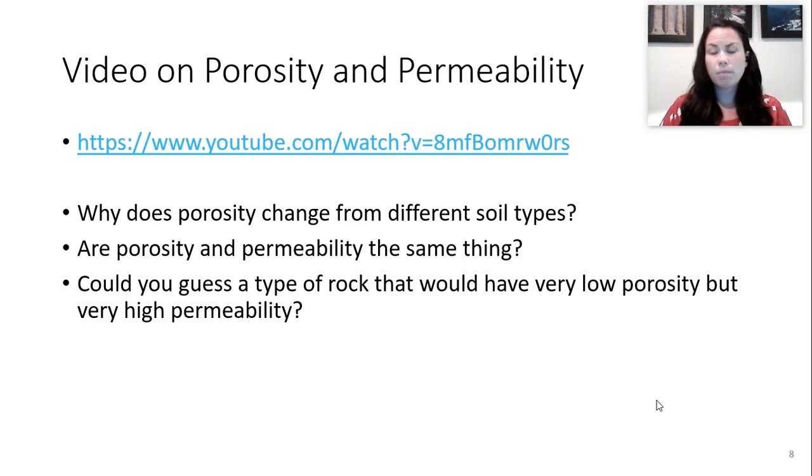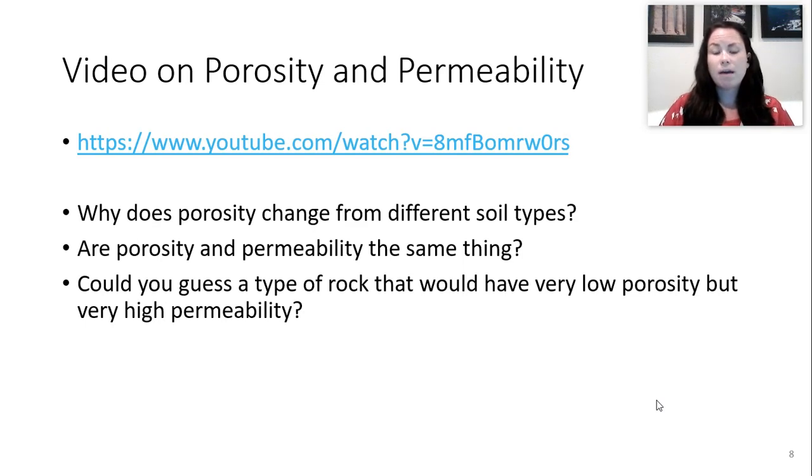Well, when we think about low porosity rocks, we think about things that are very tightly pushed together. And remember that high permeability means that it has high flow, so that there's more direct pathways of water movement or fluid movement.